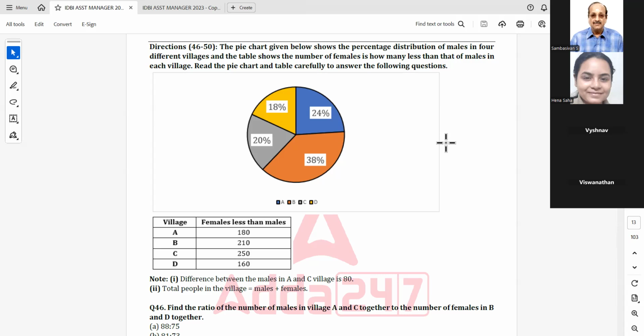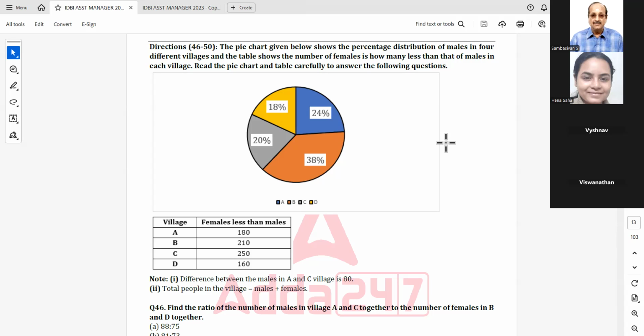All this is males. Now, females are less than males by how many? In A, 180 less, so they will be 300 in A. Then in village B, 210 less, so it is 550.